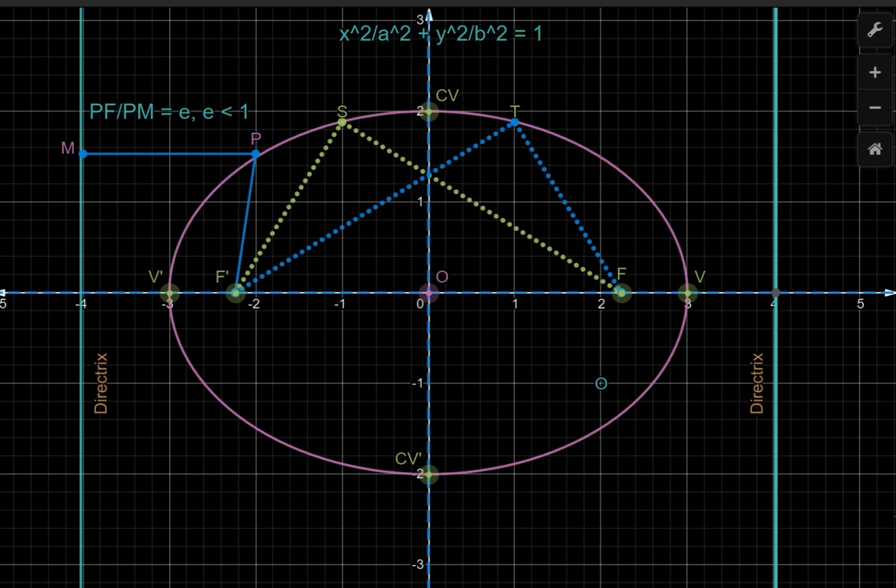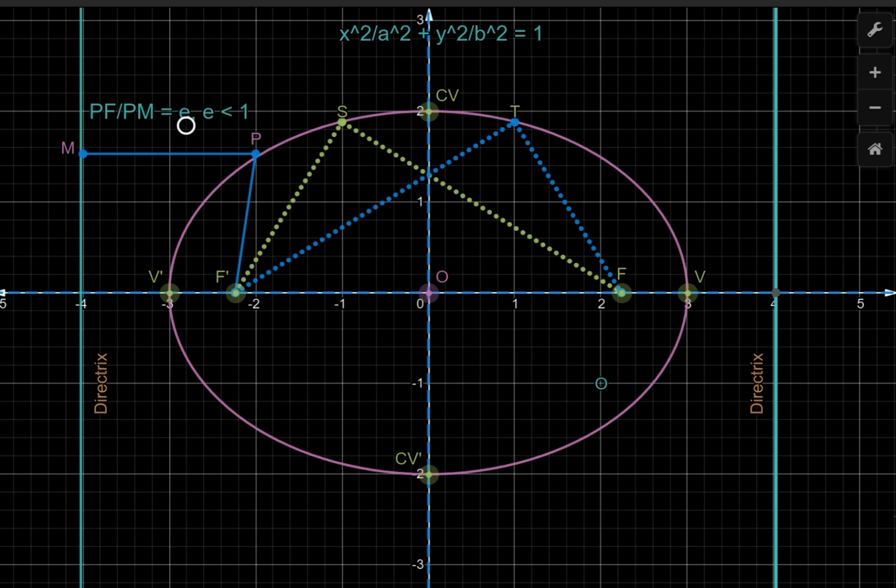Ellipse is the locus of points in a plane that move in such a way that the ratio of the distance from a fixed point focus to its distance from a fixed line directrix is always constant and is less than 1. So if you take a point, for example P, then the ratio of distance PF to PM is always constant as mentioned here.